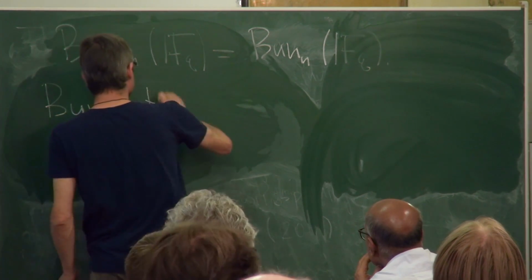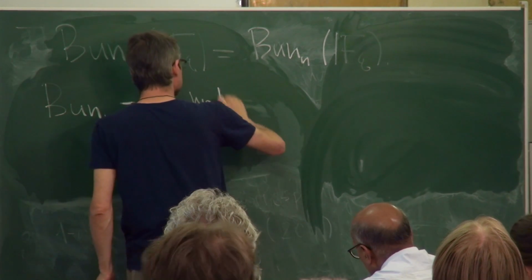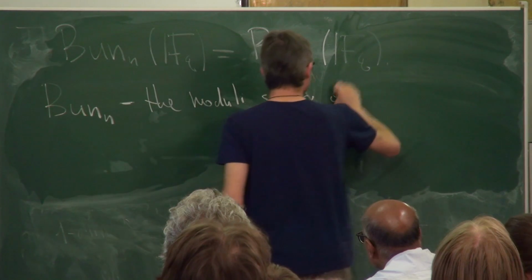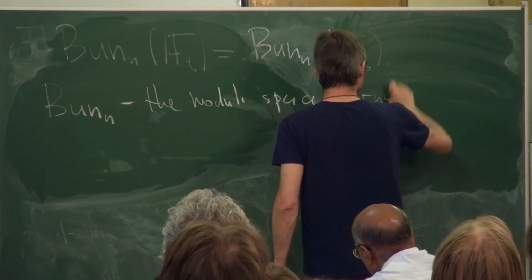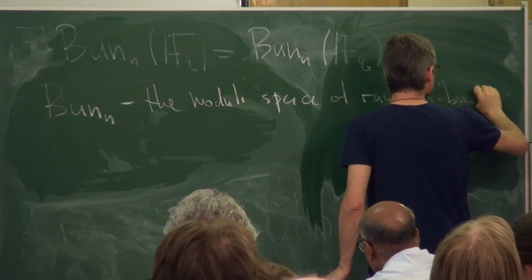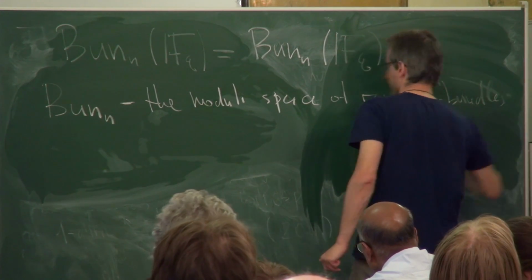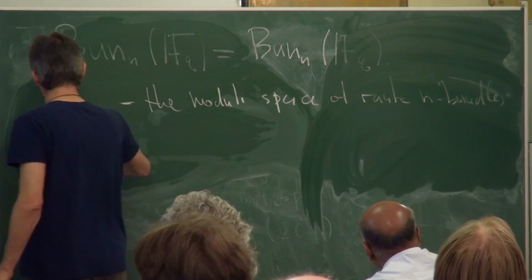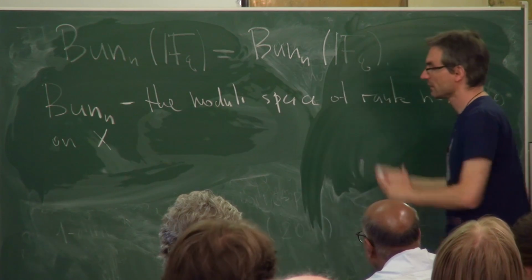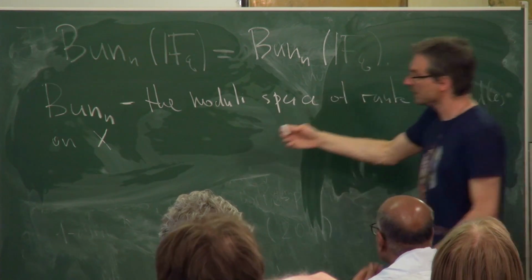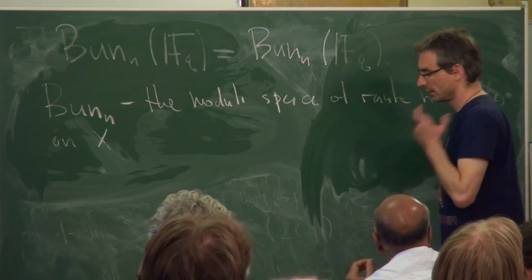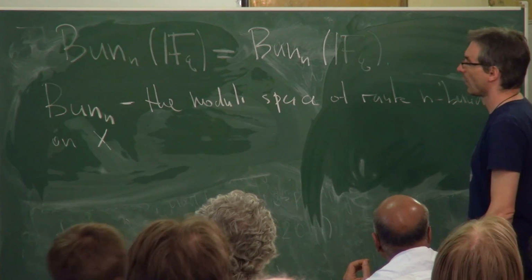So it's the moduli space of rank n bundles on the curve X. And this is the Bun n that I write here. And then you can take its set of FQ points, and you will see that the set of FQ points is exactly the set of isomorphism classes of rank n bundles on the curve.